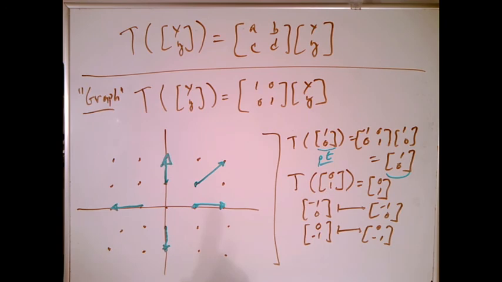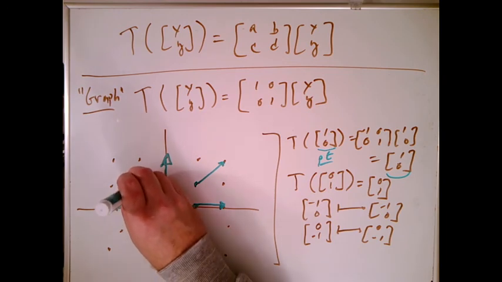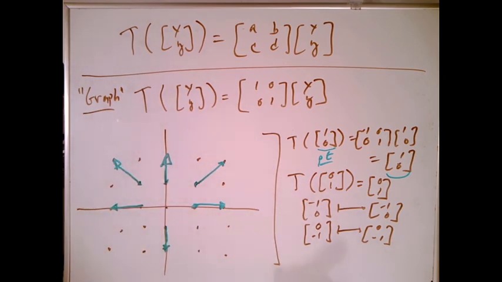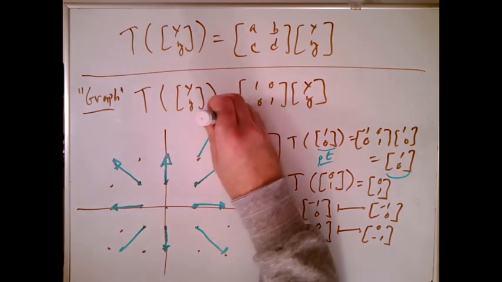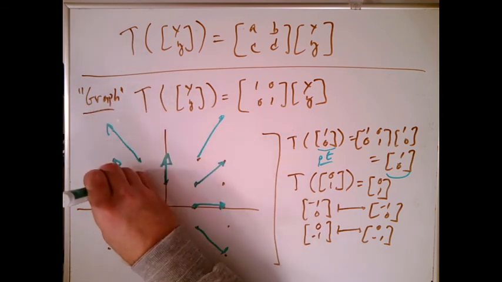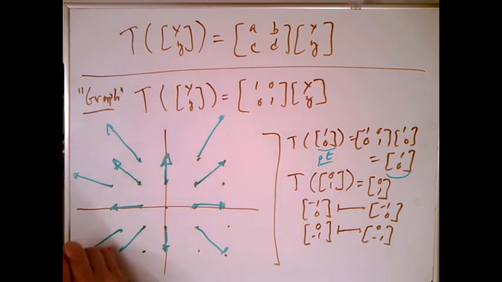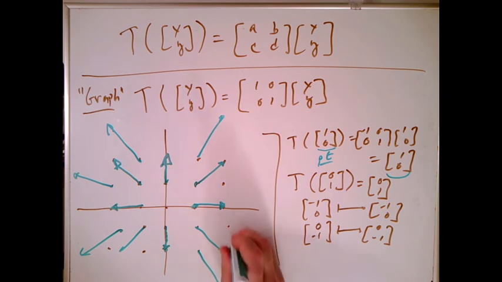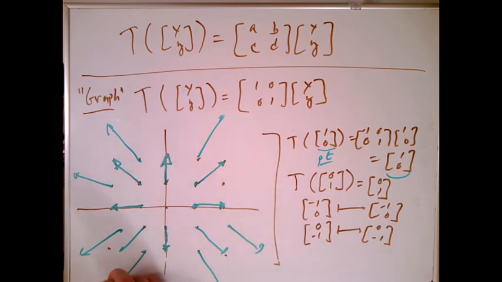I know what's going to happen when I plug in the vector minus 1, 1. I'm going to get the vector minus 1, 1. So I go to the point minus 1, 1 and I draw the arrow that way, and we can see that we're going to start getting arrows that look like this, and this, and this, and so on.